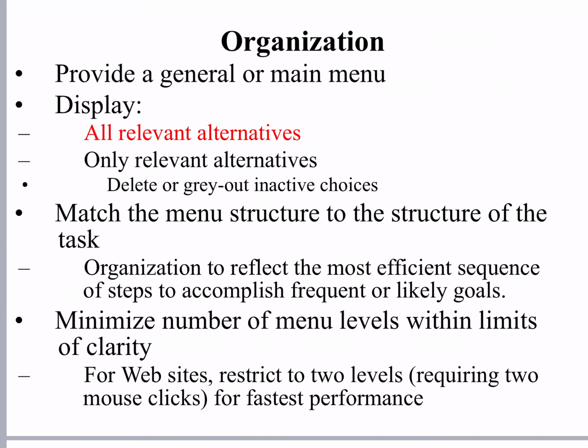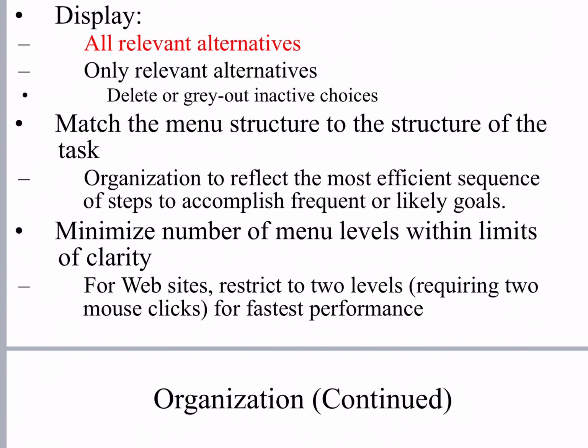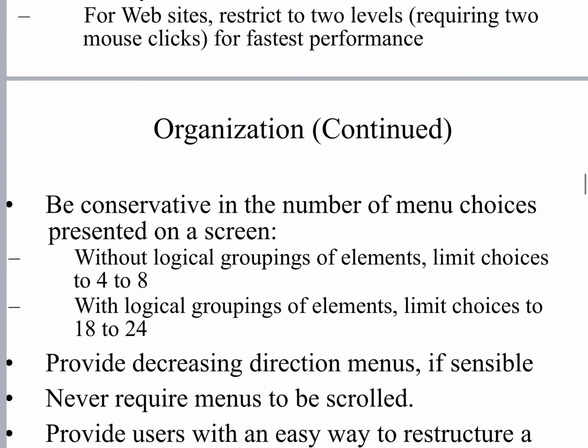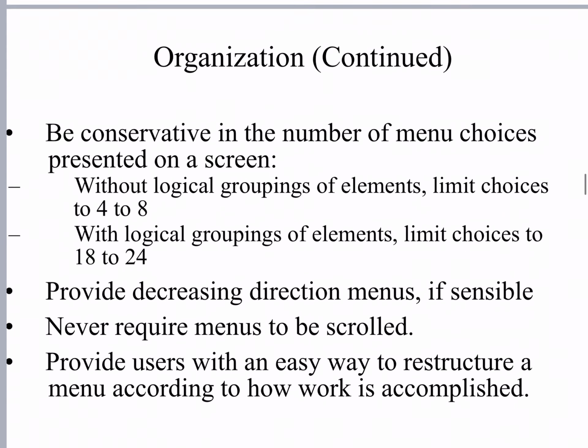The matching should be kept in mind while we are organizing things. Suppose we are organizing and the items are not related to each other, then we won't have the proper flow. Minimize the number of menu levels so that it can have clarity. Minimization of the levels is also one of the organization entities here.